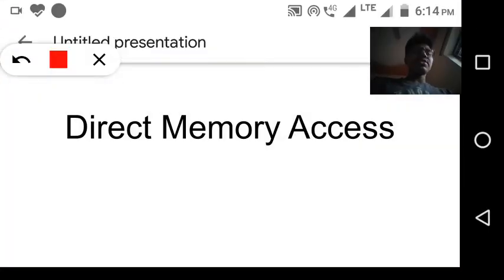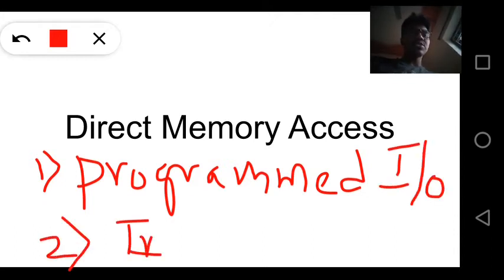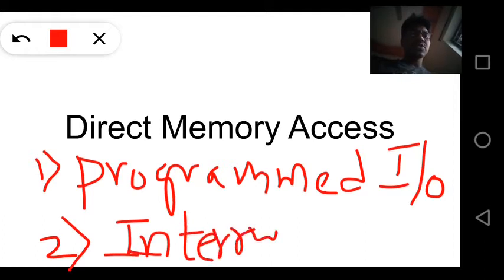Whenever we discuss IO data transfer techniques, the first one was programmed IO, and the second one was the interrupt initiated IO data transfer technique.